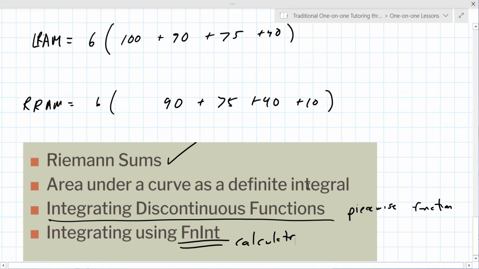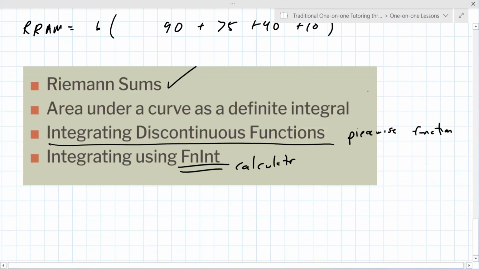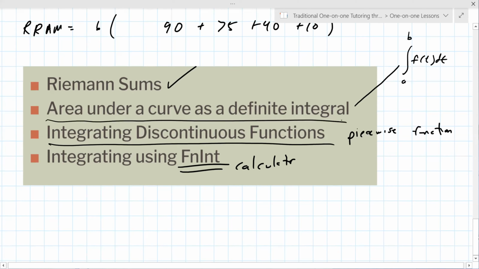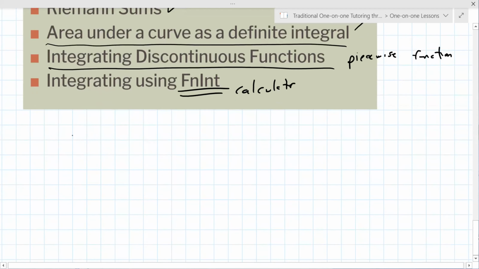This area under the curve is a definite integral. It's just writing the integral from a to b of f of t dt, something like that. But I'm not sure what that refers to specifically. Wait, what would the problem be like for that?